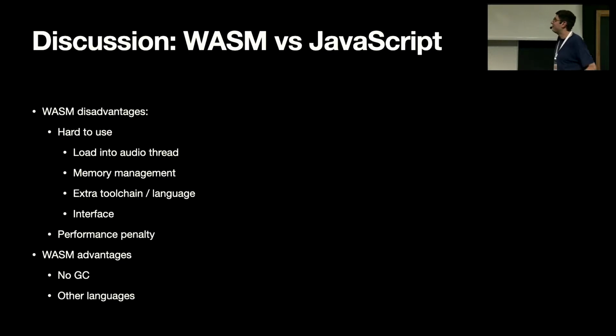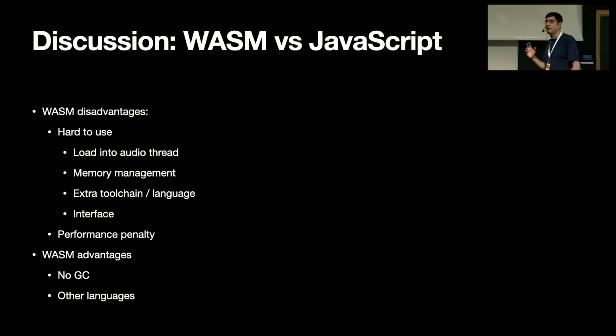So in terms of Wasm versus JavaScript, the idea from the experiment was to look at both ease of use and performance. From the point of view of ease of use, Wasm is quite hard to use. With audio worklets, you've got to load the Wasm code in the audio thread along with the audio worklet code.